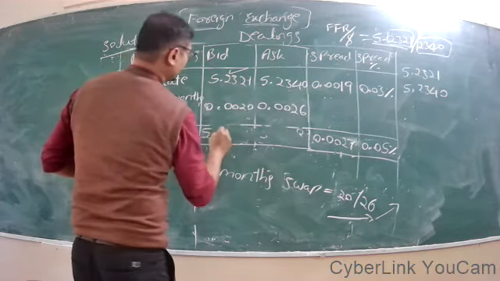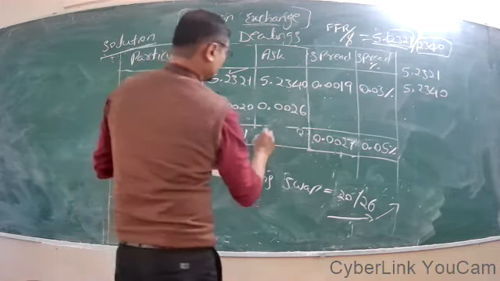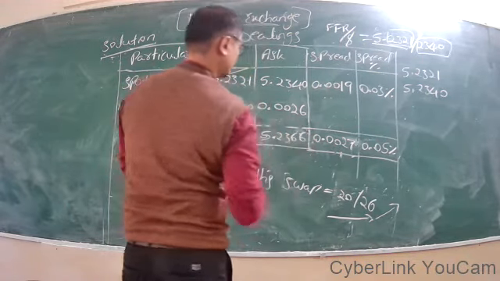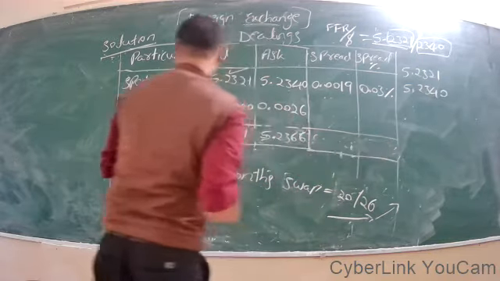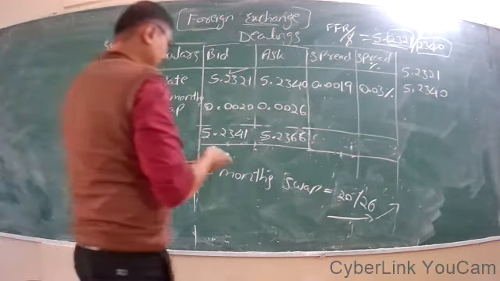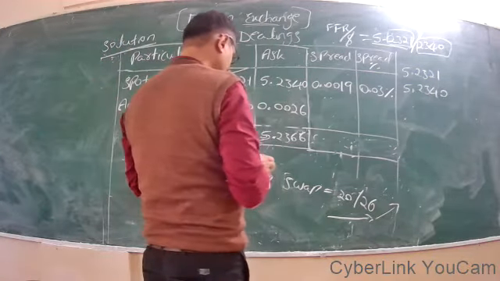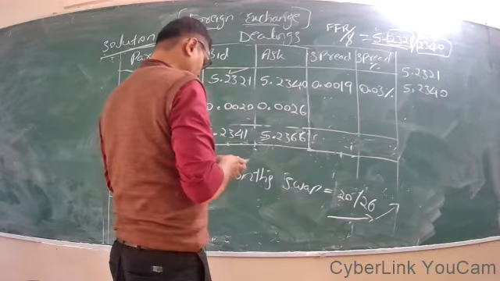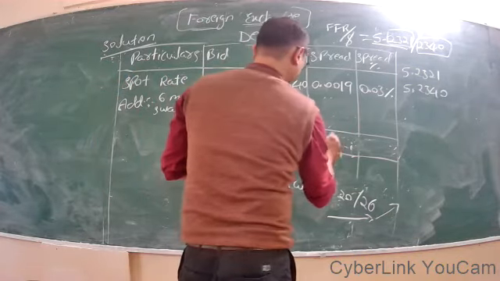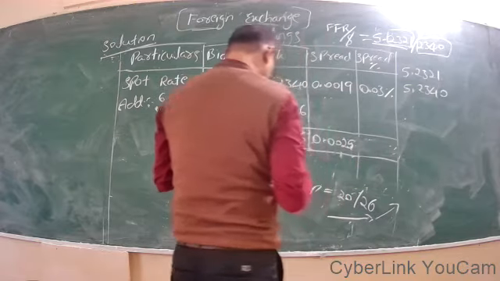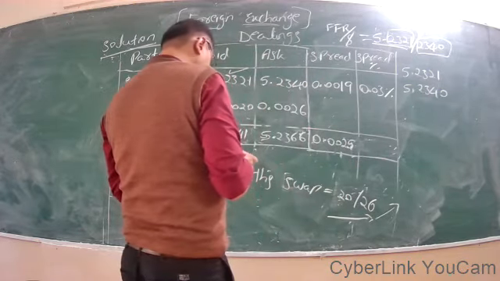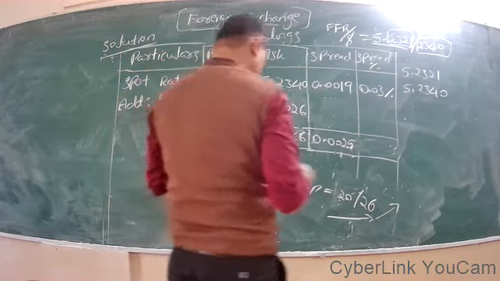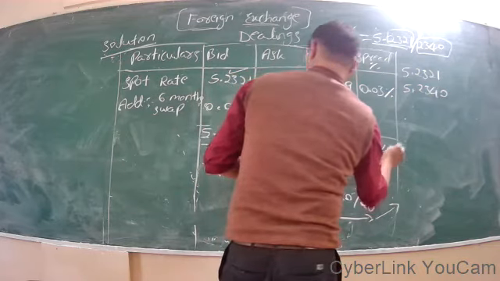So it is 5.2341 and 5.2366. Now the spread, ask minus bid: ask is 5.2366 minus 5.2341, which is 0.0025, the spread, and the spread percentage is 0.04%.